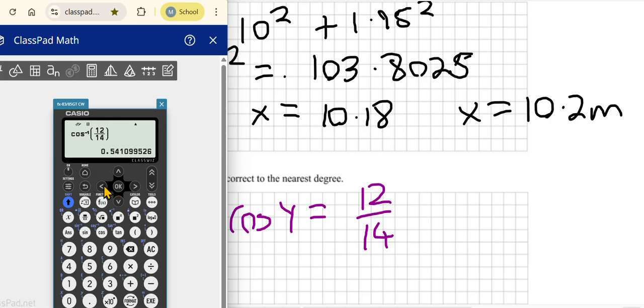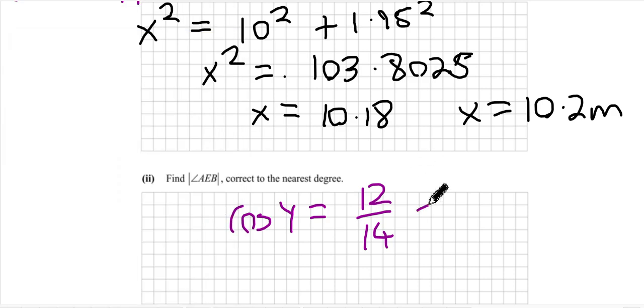My calculator is not in degrees, is the issue. So I go back to calc settings, go to angle unit, choose degree, and try this again. Who got 31 degrees?